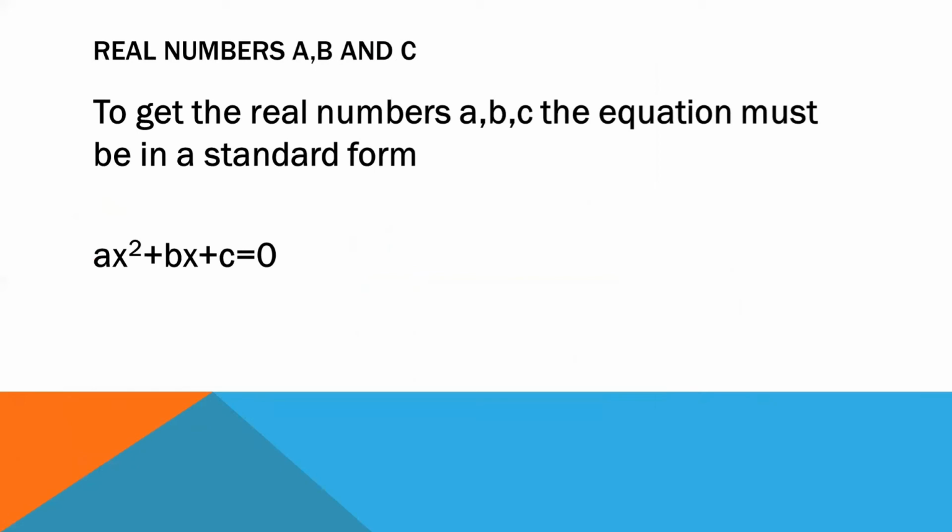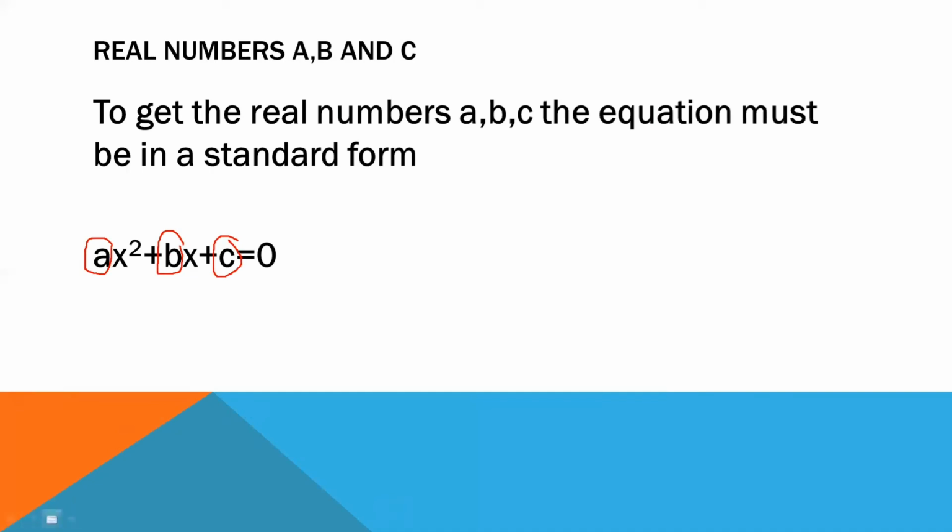What is the difference between the two? When we say real numbers A, B, and C, we only take the value of A, B, and C, which is the coefficient. This means the letters are not included. So those are our real numbers.